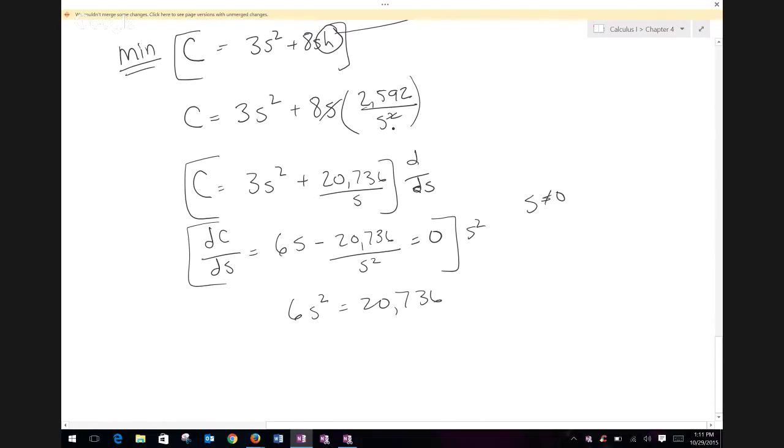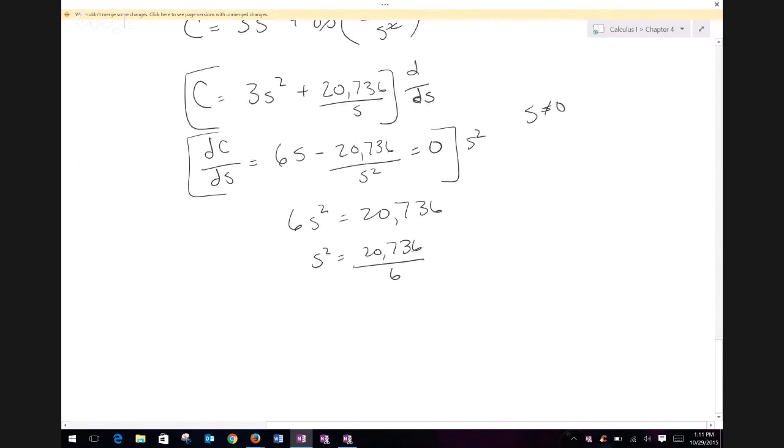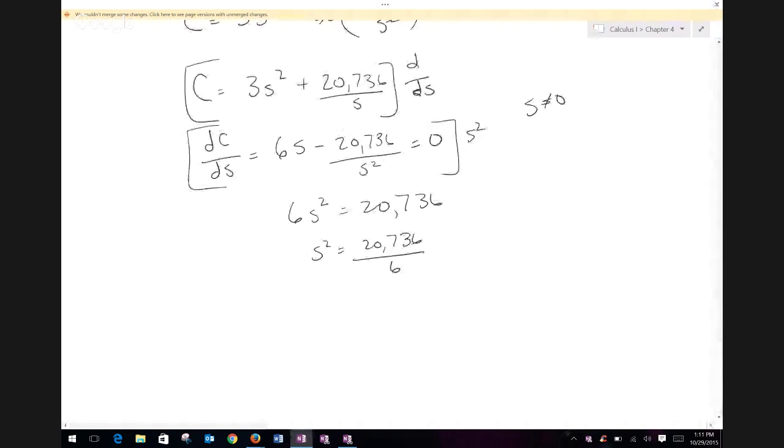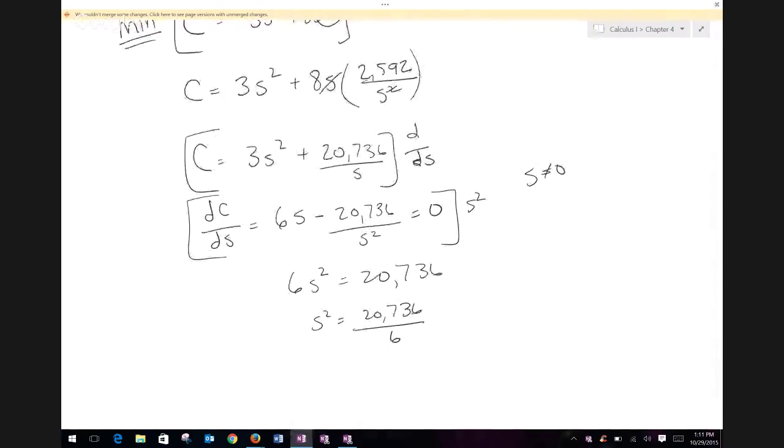S cannot equal 0, that's fine. So S cubed is 20,736 divided by 6. Oh, sorry, that's not S squared, that's S cubed, if I multiply both sides by S squared to cancel that.